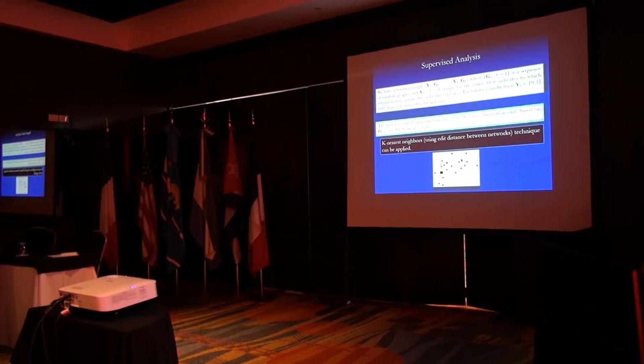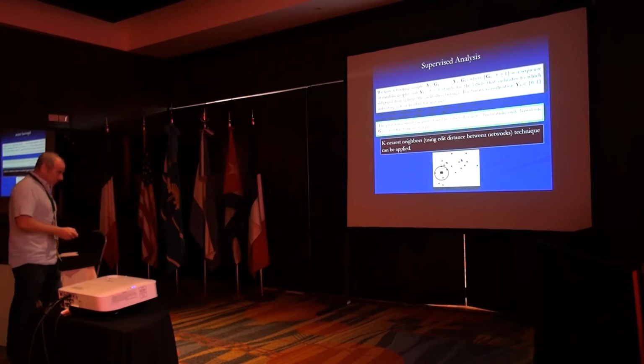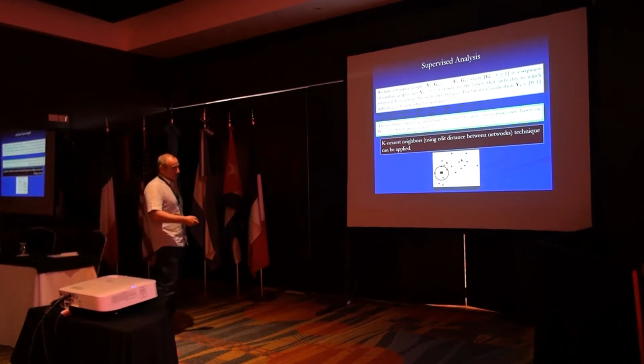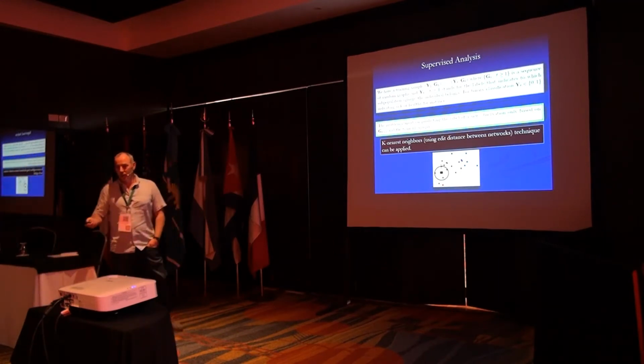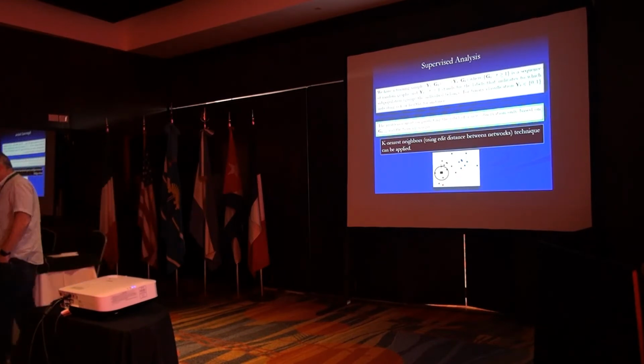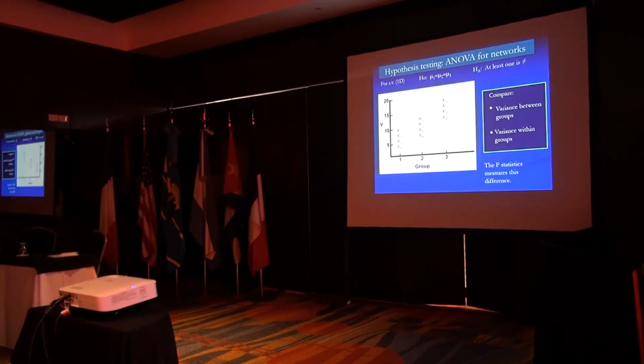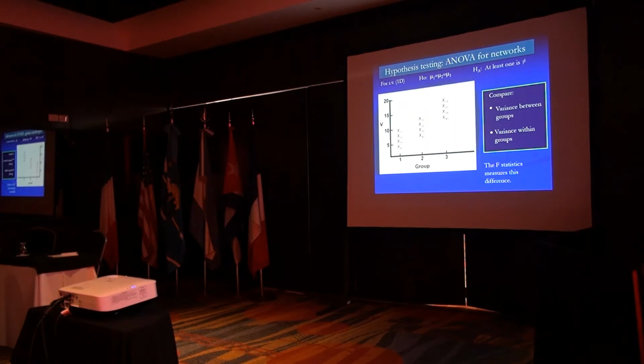Now we have one new graph, a brain network of a new subject, and in the nearest neighbor algorithm, just the nearest neighbors decide if it's red or blue. For example, if the three nearest are the same color, then you predict that it will be red.